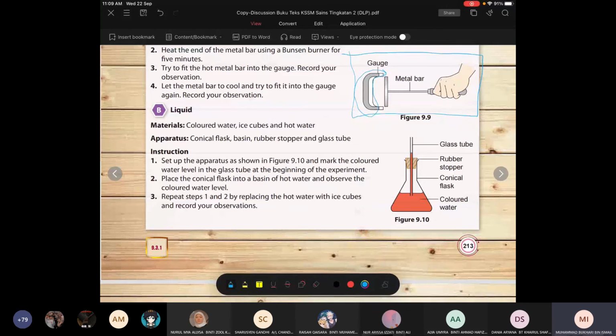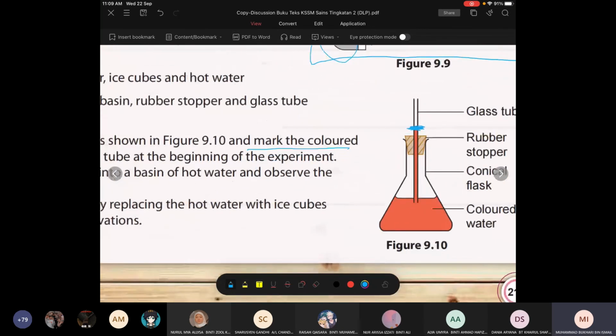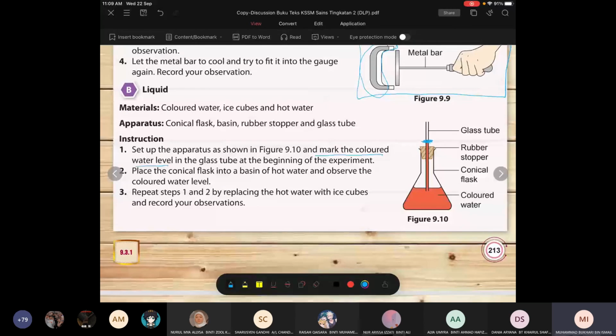Okay, for experiment B, first we mark the colored water. Okay, we mark it here. Mark it here. You can see that. And then place the conical flask in a basin of hot water and observe the colored water level.